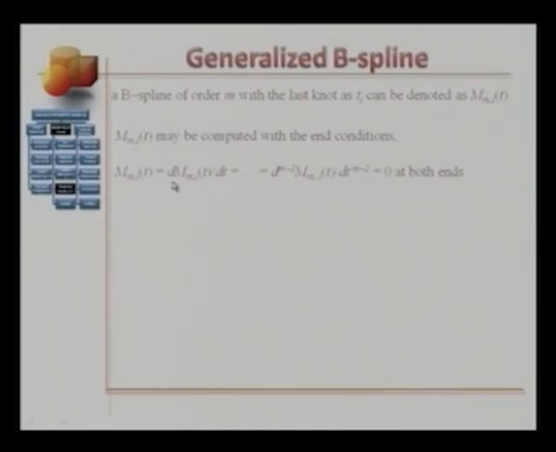The first derivative of the function, the second derivative of the function, up till the m minus 2th derivative of the order m B-spline, we set all these derivatives as 0. And we do that at both the ends, the end on the left and the right. How many conditions do you think there will be? There would be 2 times m minus 1 conditions.